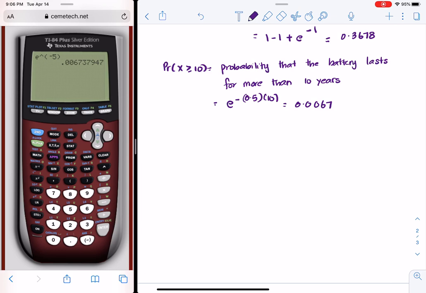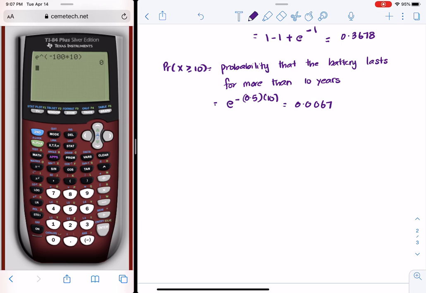Now, what if we had it at 100 years as the rate? So we would have negative 100 times 10. And that would be 0.